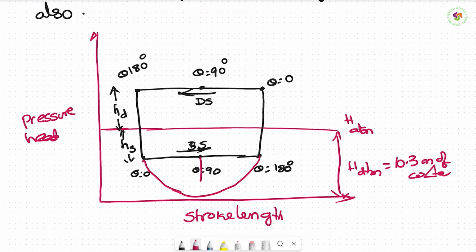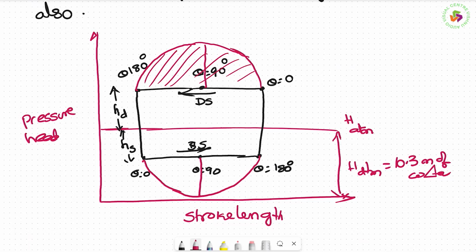And similarly in the delivery stroke also, it is a parabolic variation in this fashion. So this is the ordinate. Now this part, whatever I have shown, is the friction basically. The central part is the ideal indicator diagram and this part has come due to friction.